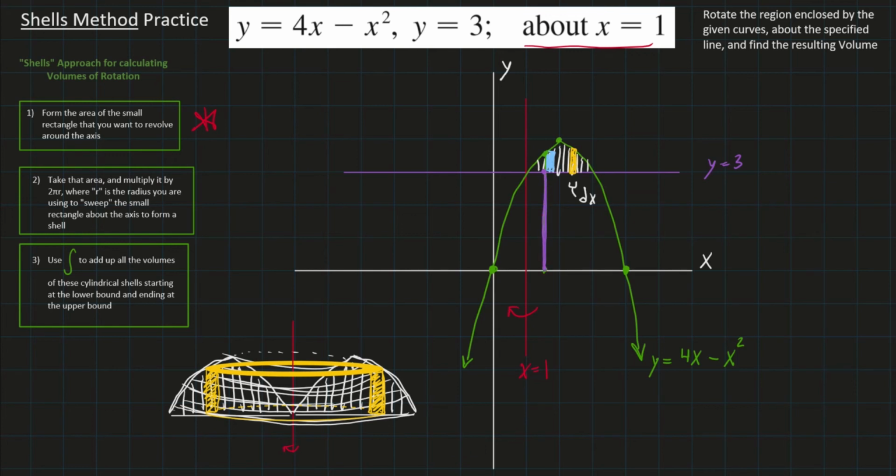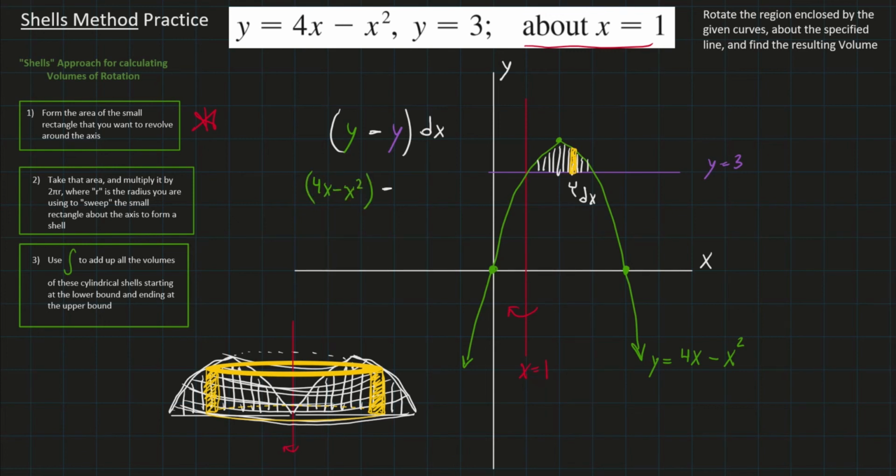That'll get you the length. Alright, so green y's minus the purple y's will get us the length of our rectangle, which we want to multiply by the width of all those rectangles. Each one will be dx. And of course I just can't leave these as y's. I gotta write the equation in terms of x. That gives me those y's. So for the green, that's just going to be 4x minus x squared.